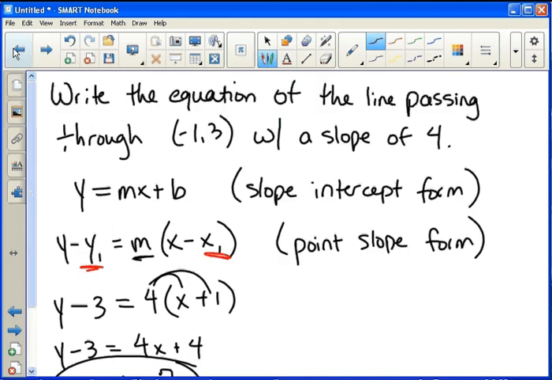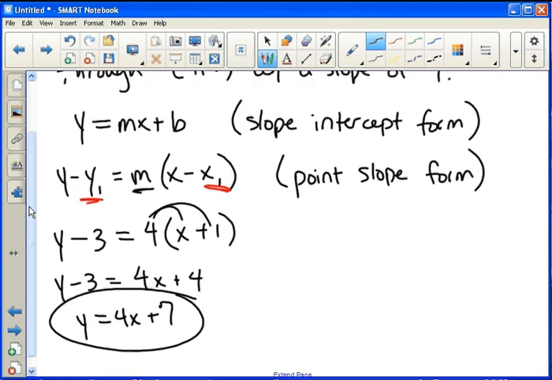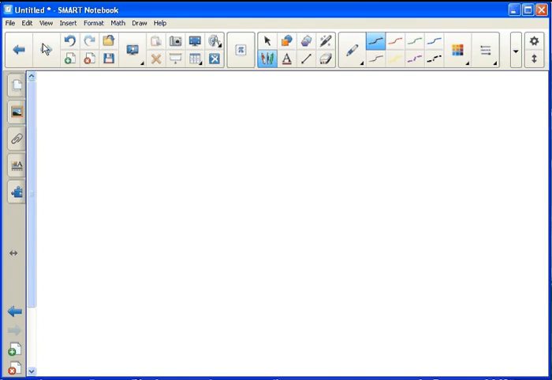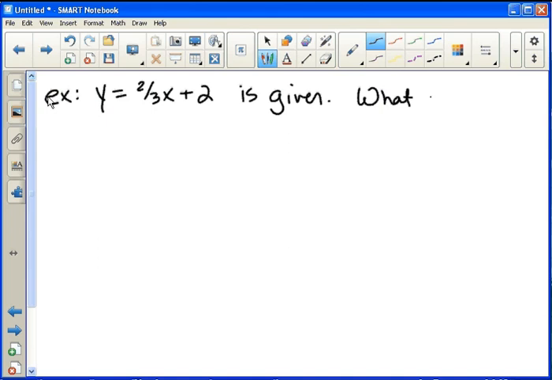So if we're given slope-intercept form, for example, let's say we have the line y equals 2/3 x plus 2. And we're asked, what is the slope and y-intercept for this equation?